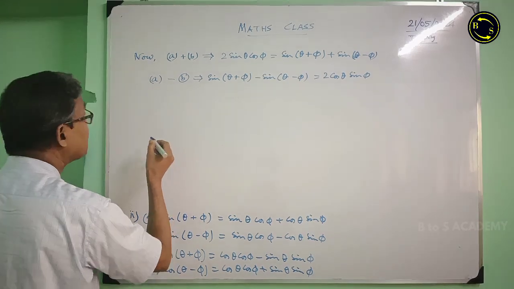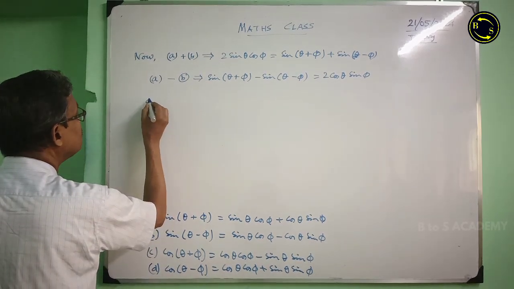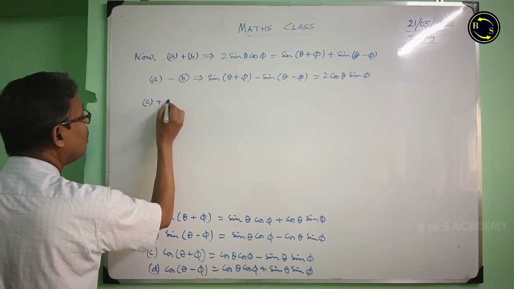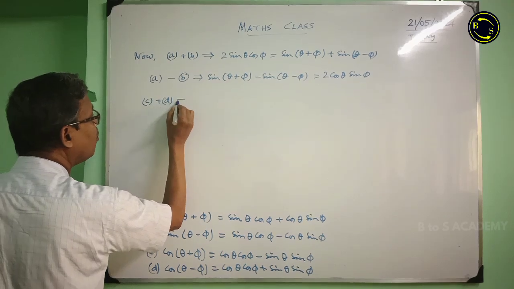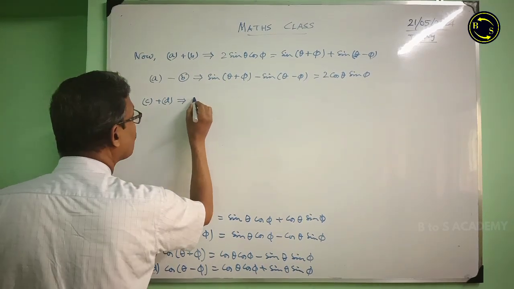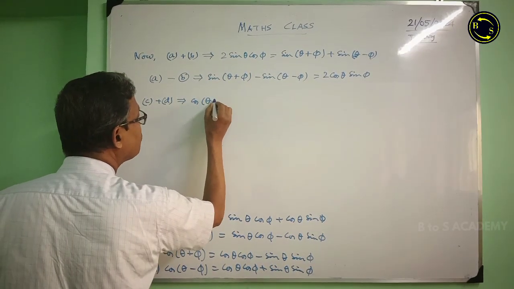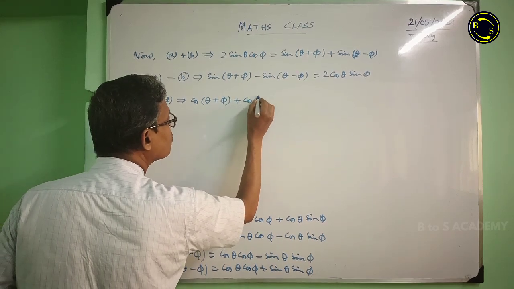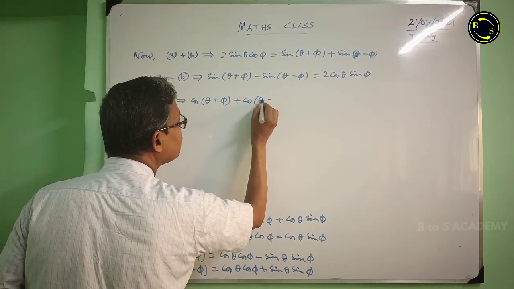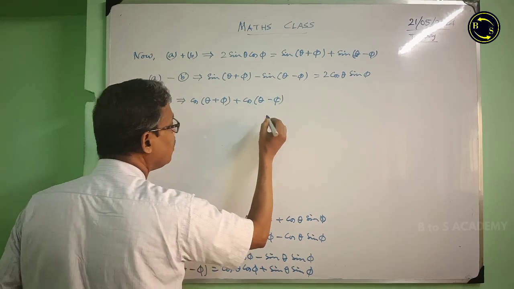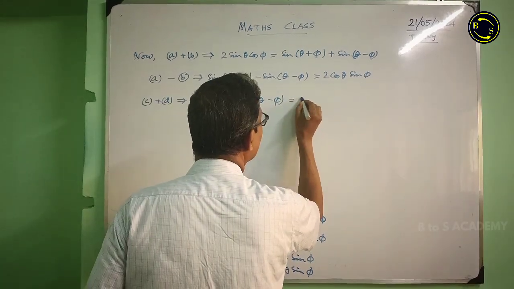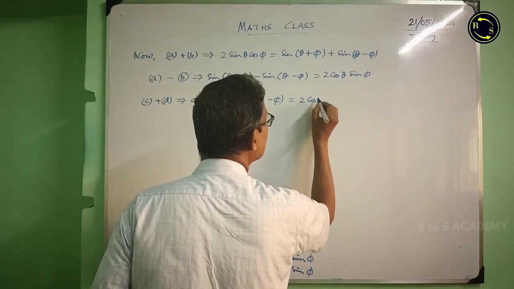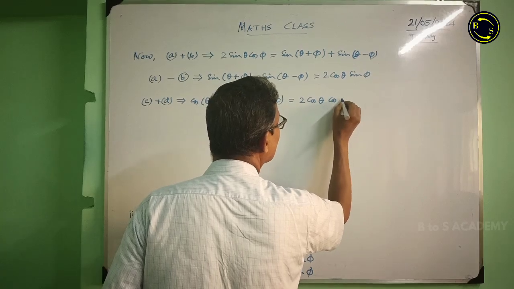Next we add C and D. Cos of theta plus phi plus cos of theta minus phi is twice cos theta cos phi.